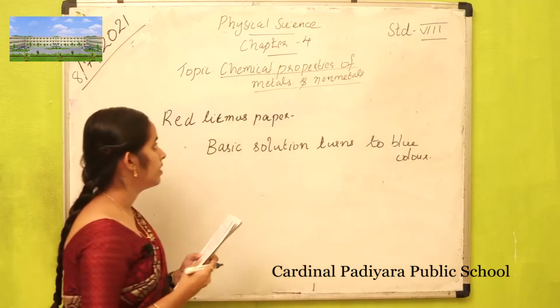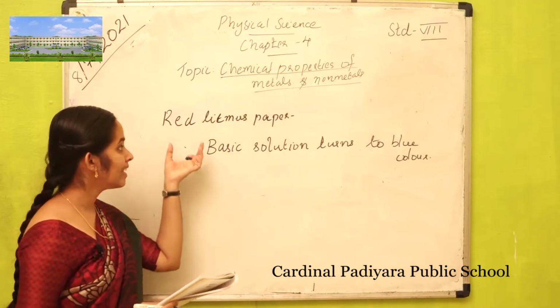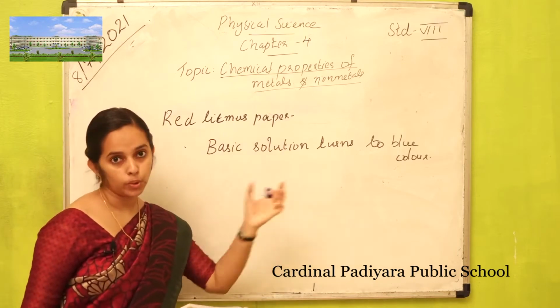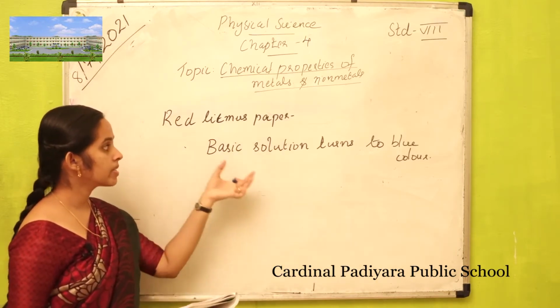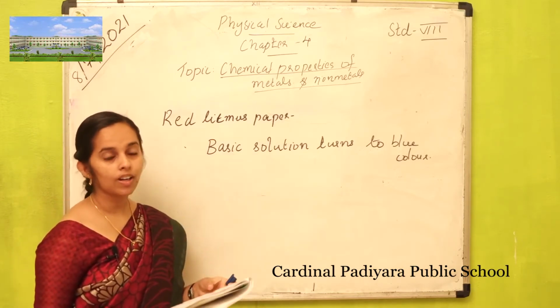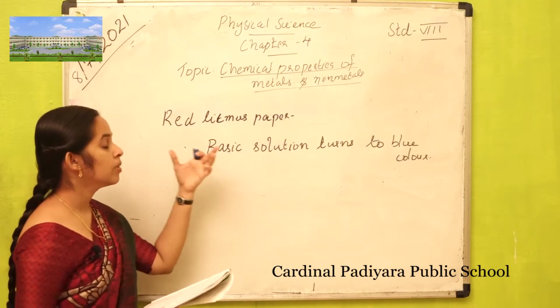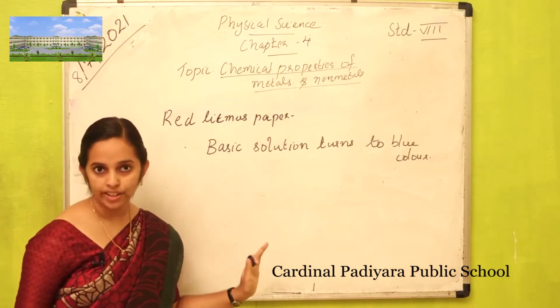When we are dipping a red litmus paper in a basic solution, the red litmus paper changes to blue color. Then if we are immersing a blue litmus paper in a basic solution, is there any change? There is no color change. If we are putting a blue litmus paper in basic solution, there is no color change.